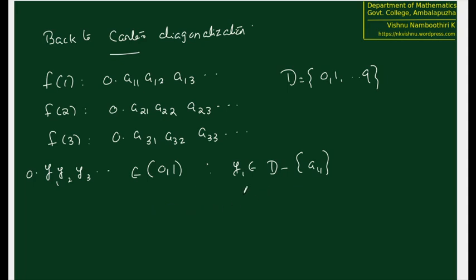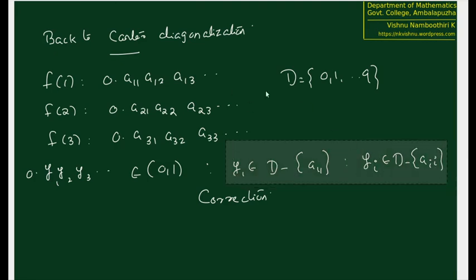Therefore, to safely avoid that problem, this is the correction. In general, we took yi from D minus aii. This is not actually correct. There can be some problem with what we are doing here.